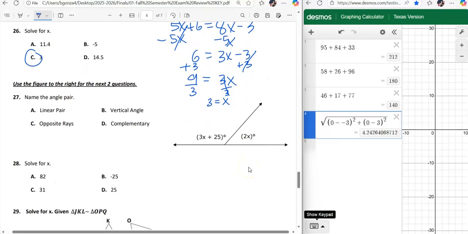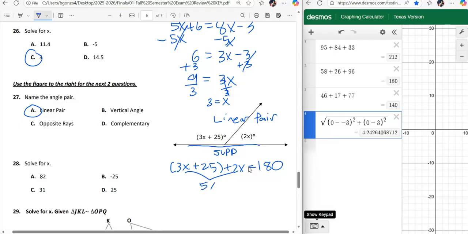Now, when they're next to each other making a straight line, that's a linear pair. Do not set these equal. Straight line, linear pairs are supplementary. They add up to 180. So this time you're going to add them up to 180. Combine like terms. 3 plus 2x is 5x.